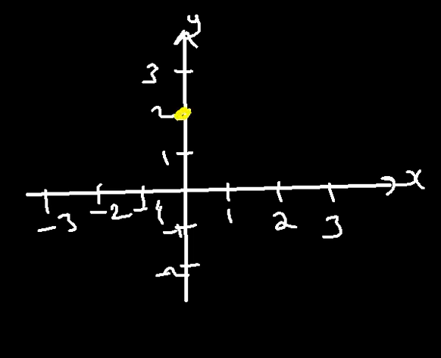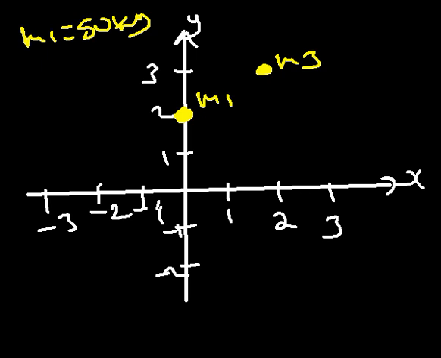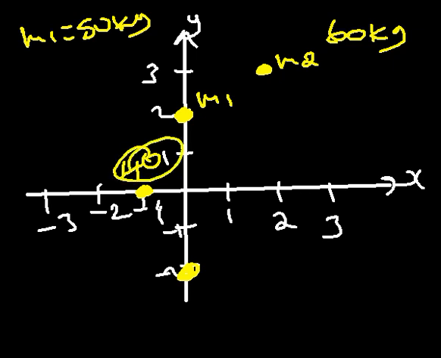Let's say this is the object of mass 1, given as 50 kgs, and we have the object of mass 2, given as 60 kgs, and here the object of mass 4, which is 40 kgs, and the object of mass 3, which is 20 kgs.